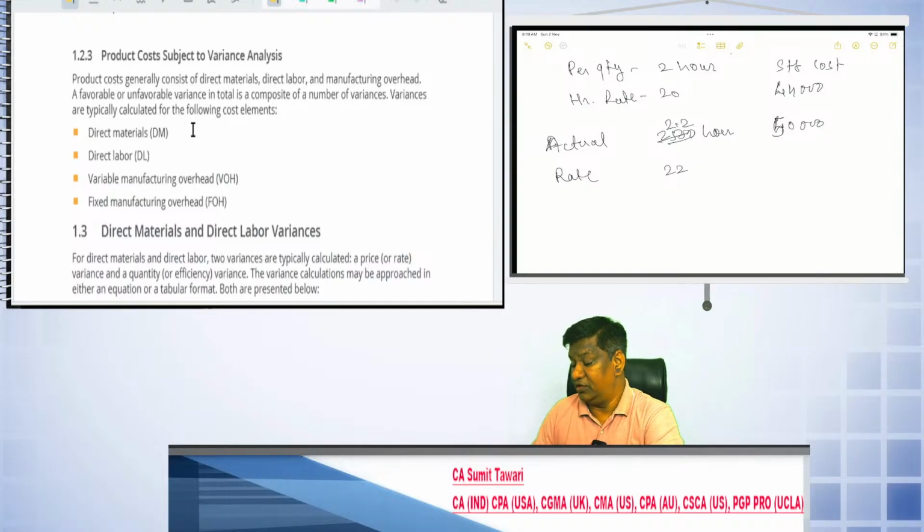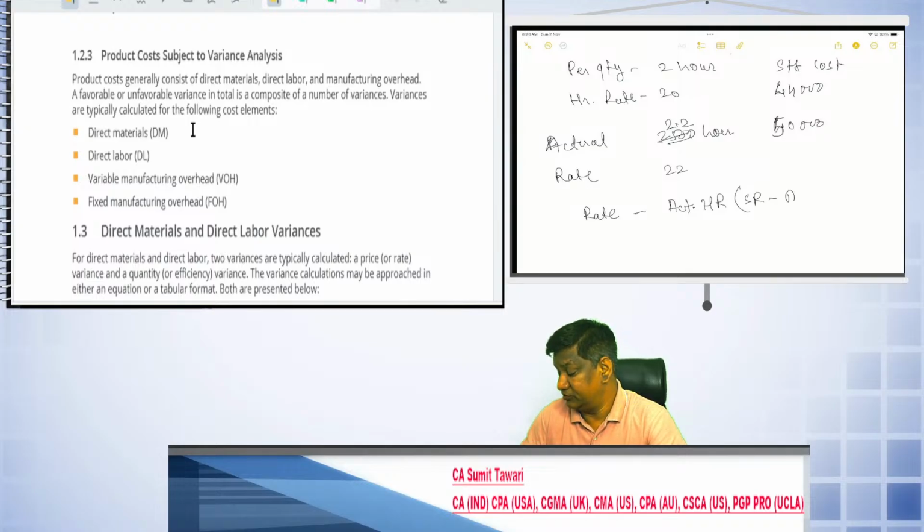So here, if I apply the rate variance first, I need to consider actual hours multiplied by standard rate minus actual rate.